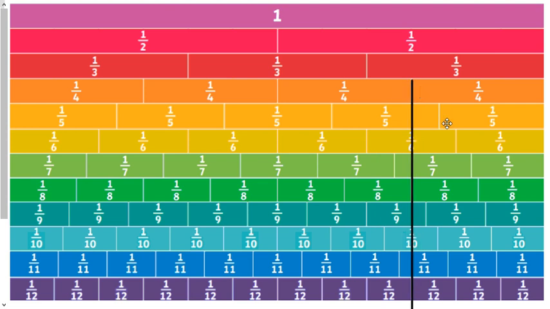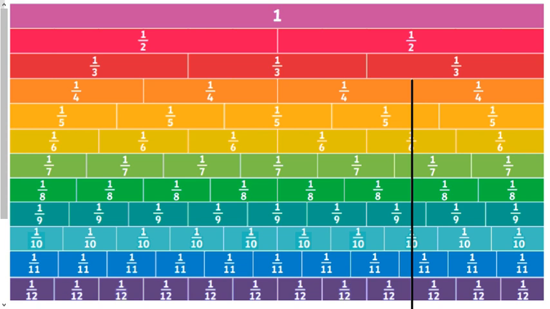And now we can see we have 6/8 and 9/12, and they're both equivalent to 3/4 on this chart. Now it's worth remembering that there are obviously more fractions than there are on this chart.